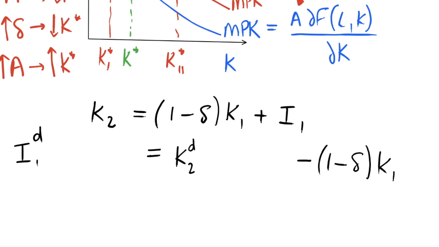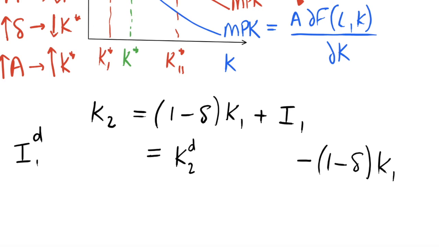So I've simply subtracted (1 minus delta) K1 from both sides to isolate investment in period 1 on the left-hand side. But what we want is an investment function that depends on a number of parameters. We want an investment function, and we want to say how that changes with our parameters in the model.